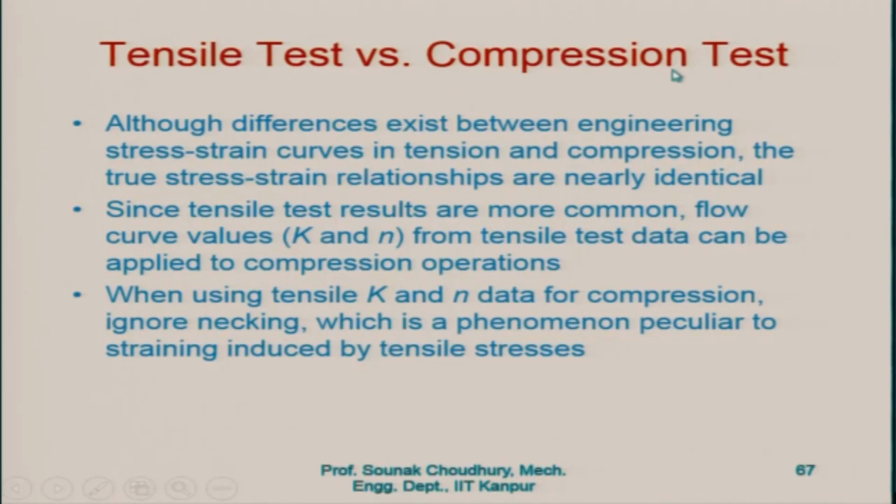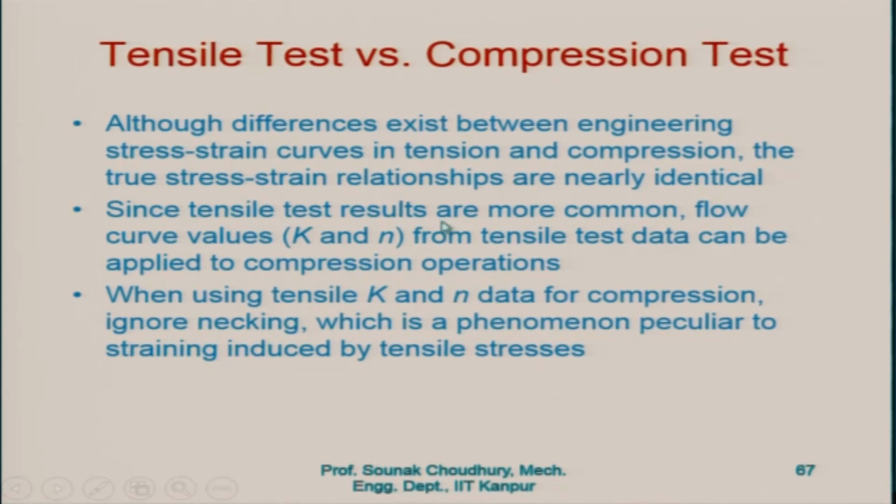Tensile test versus the compression test. We have seen the compression test, now the tensile test. Although differences exist between engineering stress-strain curves in tension and compression, the true stress-strain relationships are nearly identical. This is very important and unique, because the true stress-strain relationship will be the same in tension and compression.